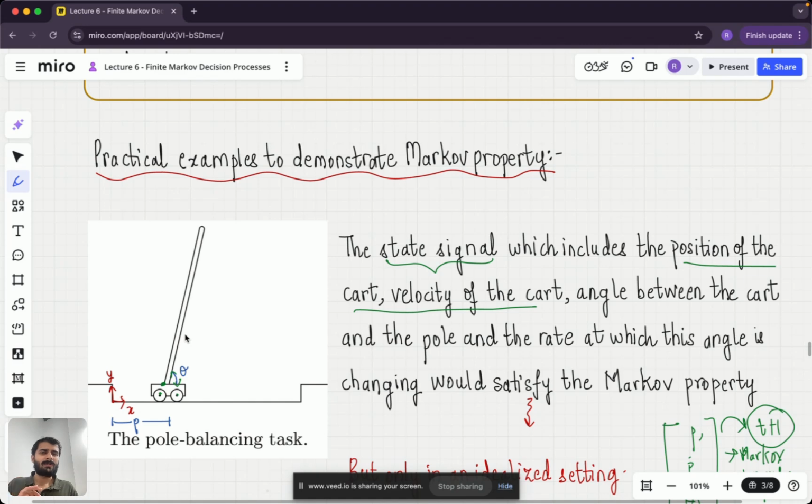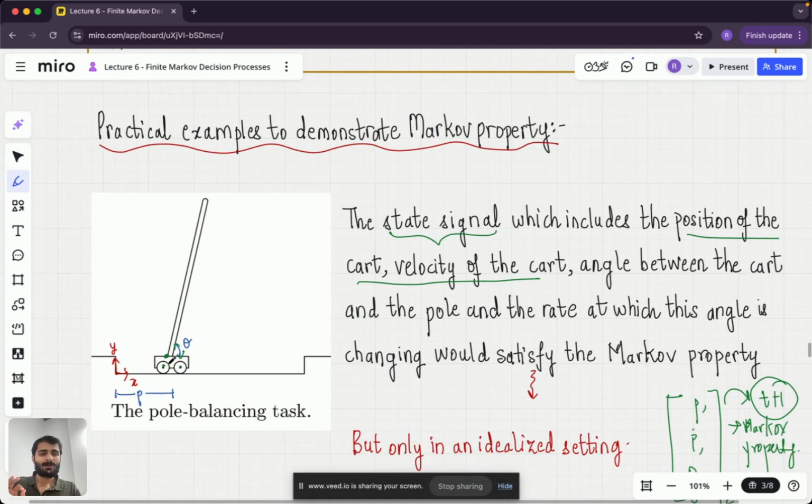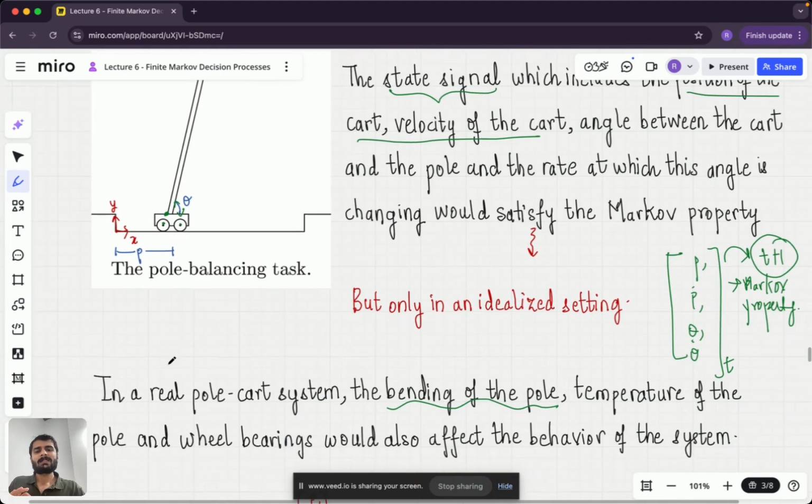But you would ask the question, is this true in reality? The answer is no, because in the real pole cart system there are some other parameters which are going to influence these dynamics: the bending of the pole, and the temperature of the wheel bearings. So just by knowing the position and the velocity of the cart and the pole is not going to help me predict the future dynamics.